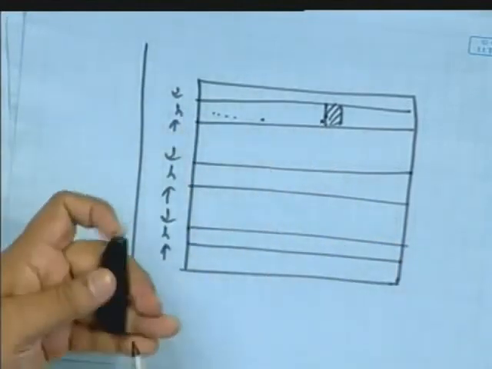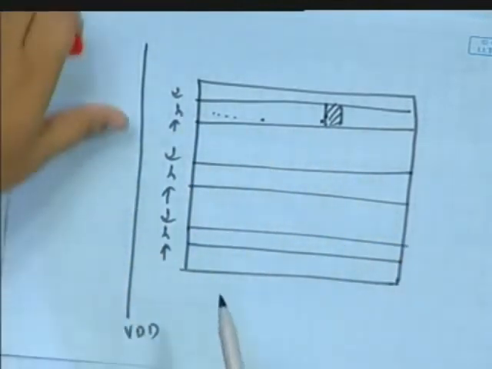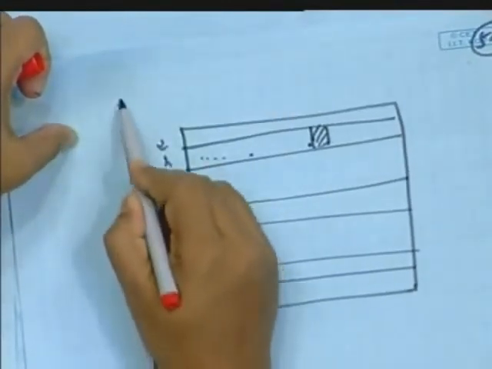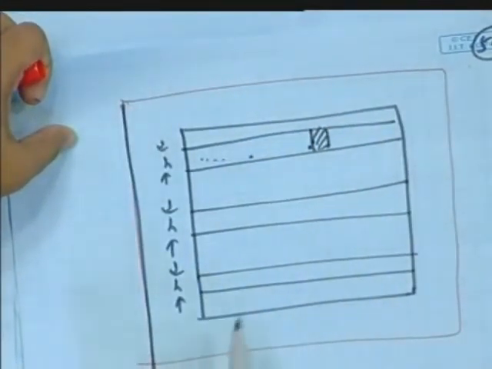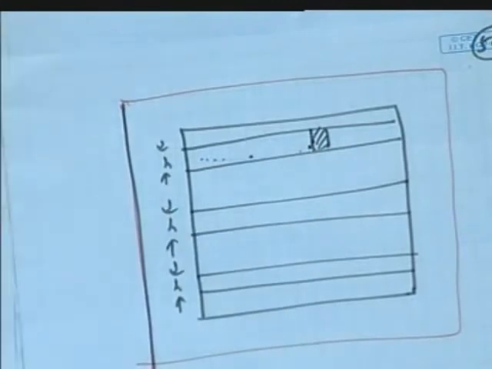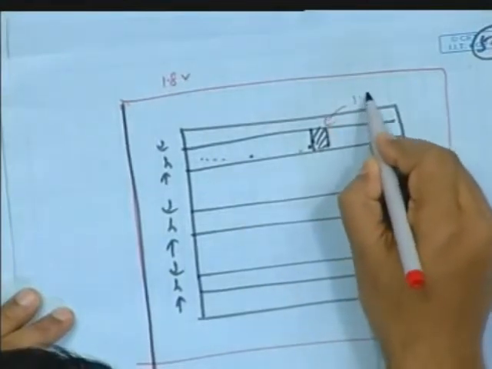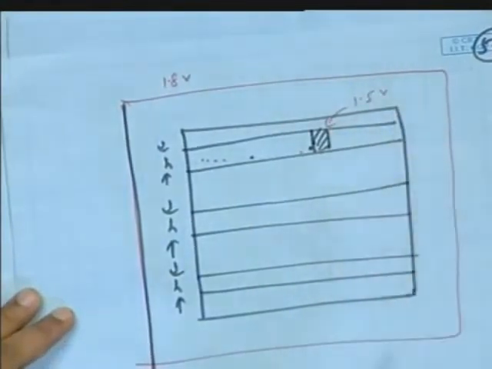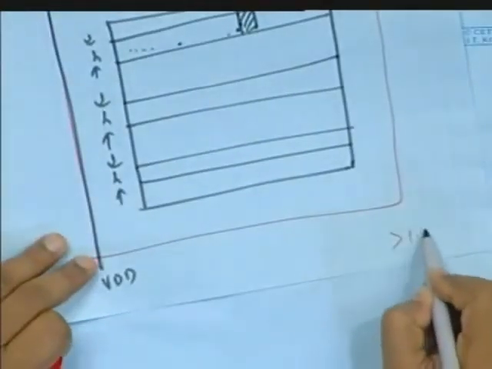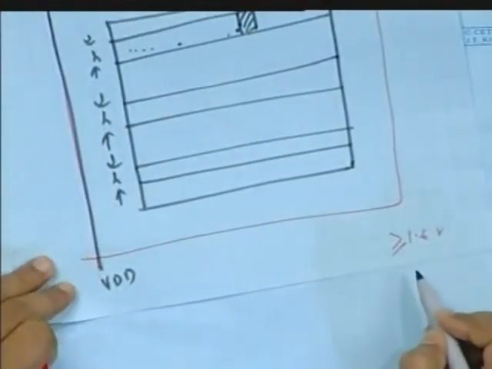So you draw VDD properly, putting a red line. From here to here a huge IR drop can happen. So this is my 1.8 volt, and here say maybe the voltage is reaching 1.5 volt, but I had told you it has to be greater than or equal to 1.6 volt, so it's not allowed.